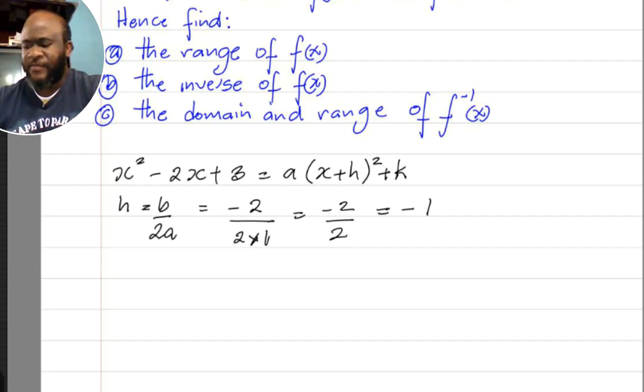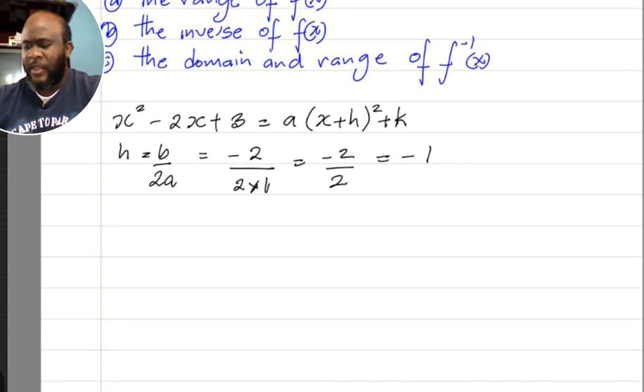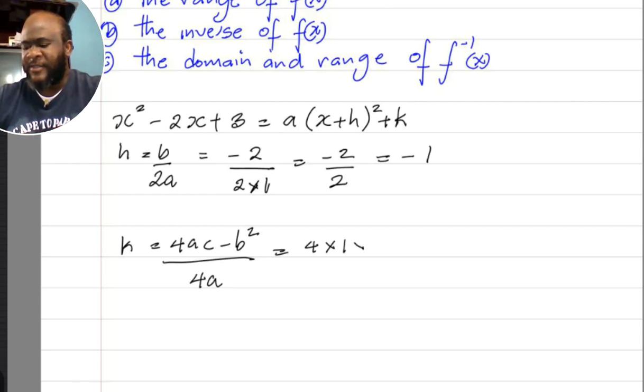All right, let's get k. k is equal to 4ac minus b squared over 4a, which would make it 4 times a, which is 1, times c, which is 3, minus b squared, which is minus 2 squared, all over 4 times 1.